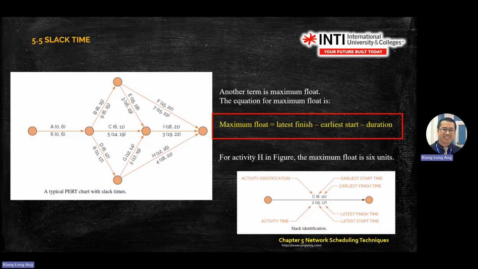Maximum float is another measurement that you can calculate. Maximum float means the time that you can play around in the whole project. You take the latest finish, LF, minus ES, minus the duration of the time.